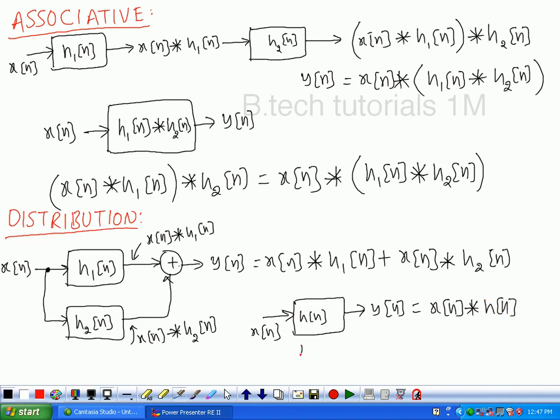Now, let h of n be equivalent to h1 of n plus h2 of n. Then this can be written as x of n convolution with h1 of n plus h2 of n. Is it clear, please?